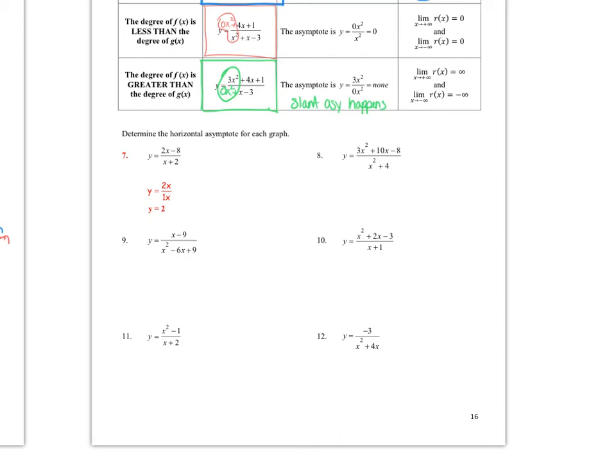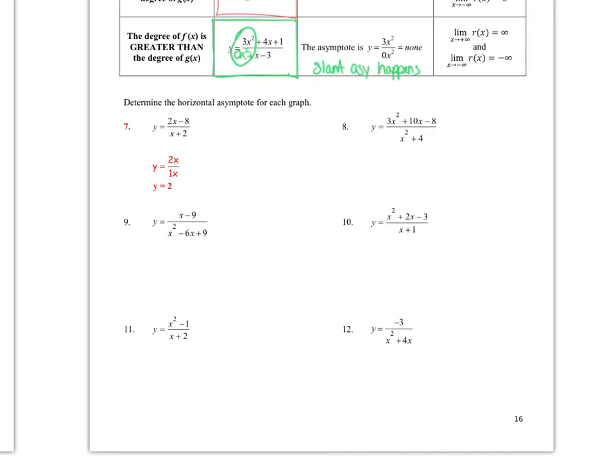So best thing to do, and you can do this with all your problems before you even get started, is go look at your powers. So if we look at number 8, you have a quadratic divided by a quadratic, okay? Your horizontal asymptote is whatever you're left with when you divide those two. Look over at 9. We don't have a quadratic, so you got to add it.